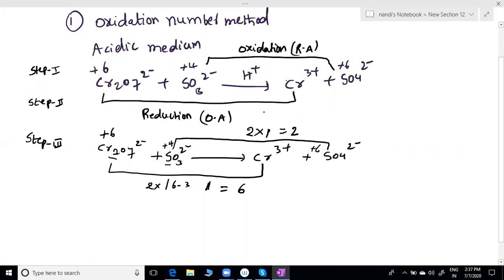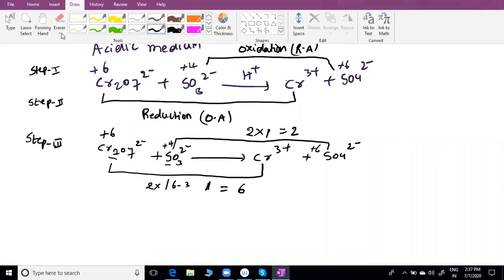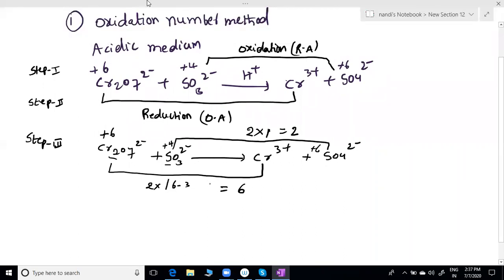Note down in your class notes. I'm at the starting point only, note down everyone. These are not difficult, up to this we have already done. N factor calculation, everyone we know that very clearly.